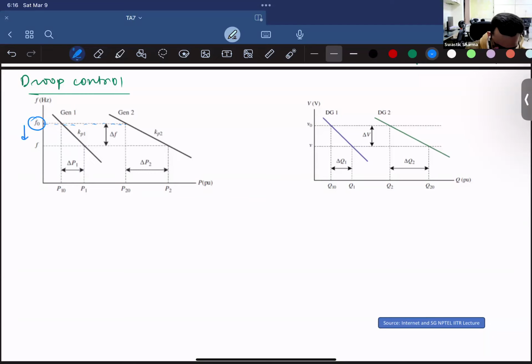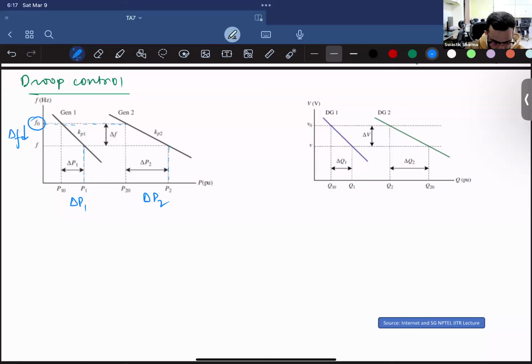So our generators will have to change their output, and this change in output is given by these two differences. For a delta F change, P1 goes through a delta P1 change, and P2 goes through a delta P2 change, and is at new P1 and P2 points.